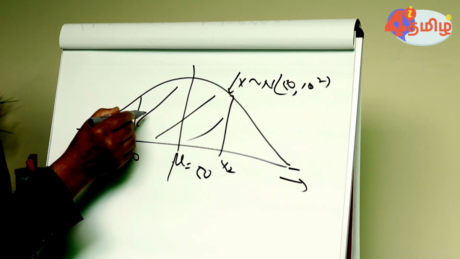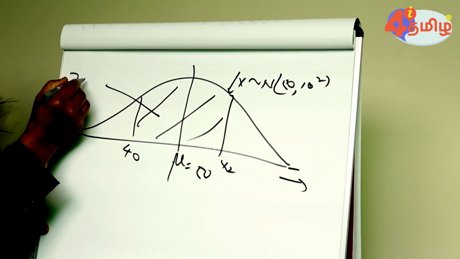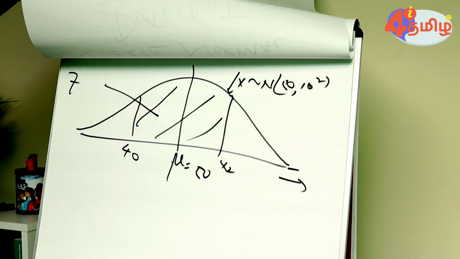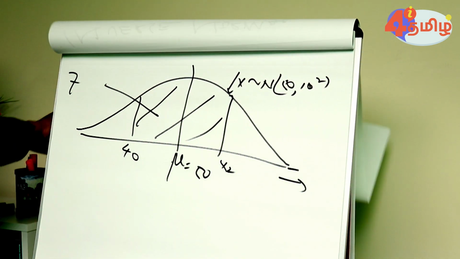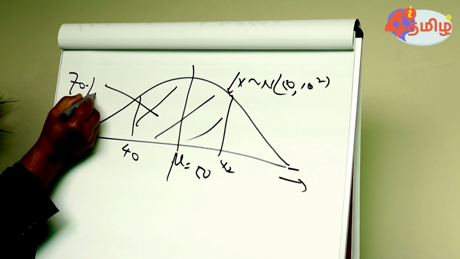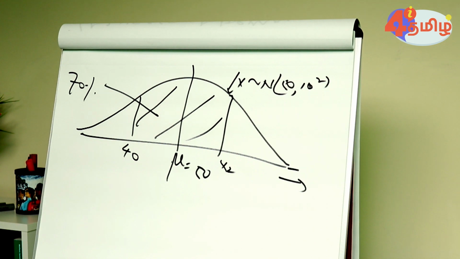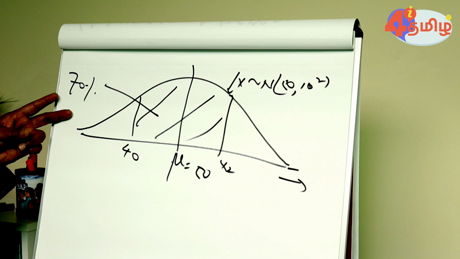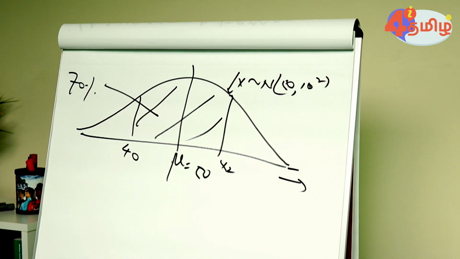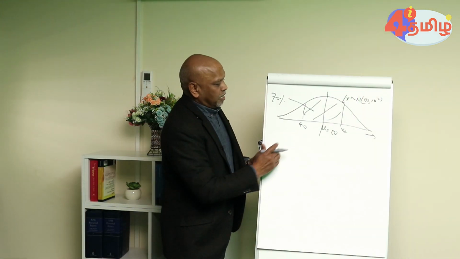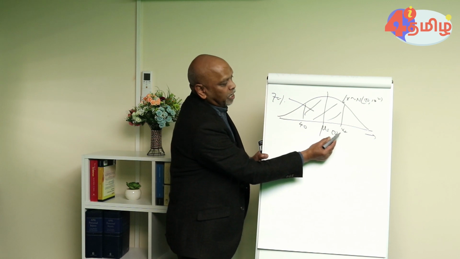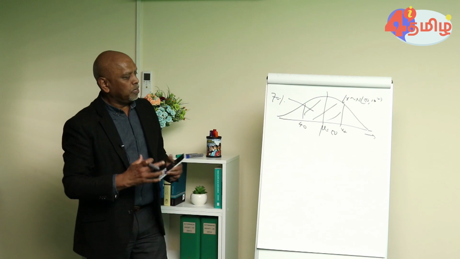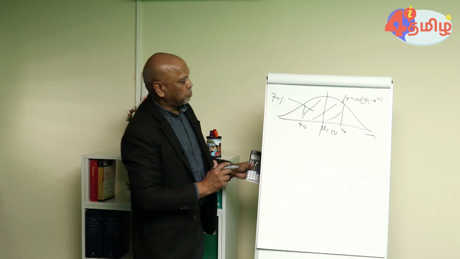We have been given that the area between 40 and x2 is 70%. What is x2? When you use the calculator, we need to know the value of x2 in order to use it. So see how we can go this way.